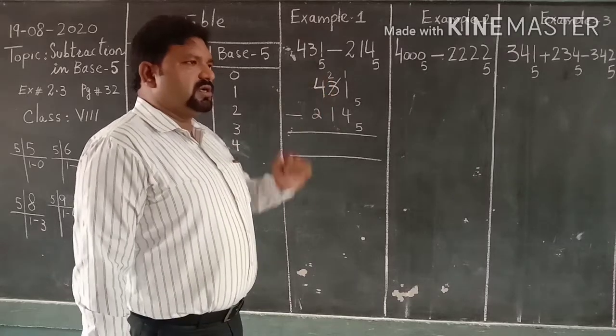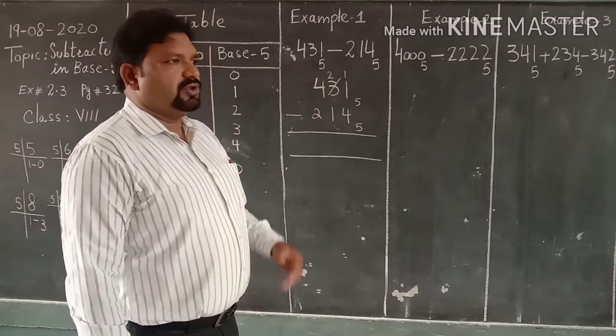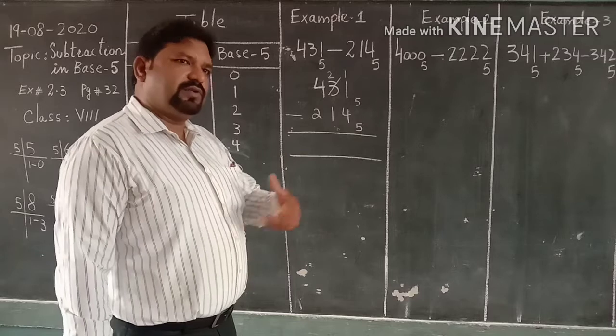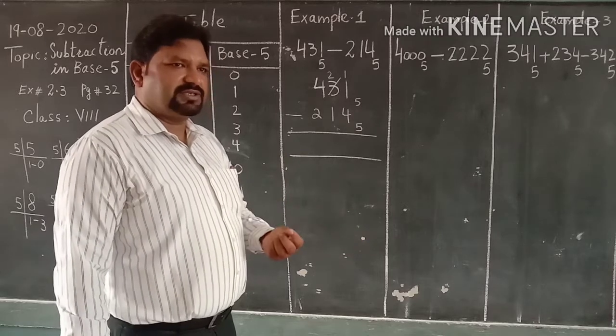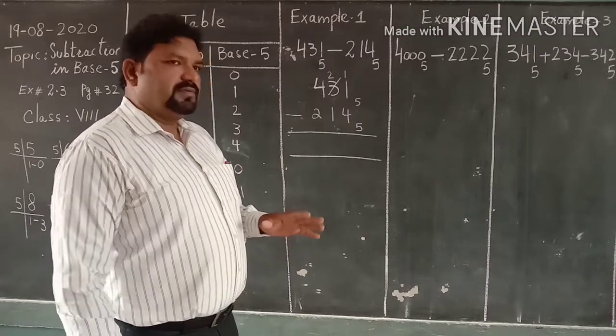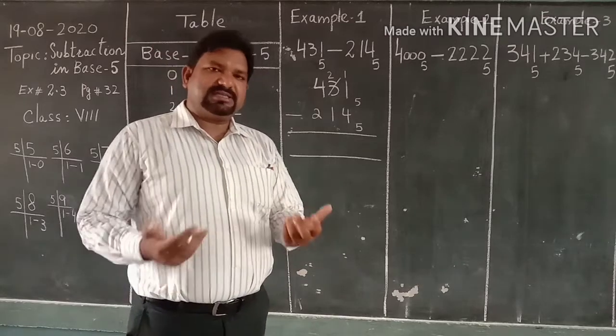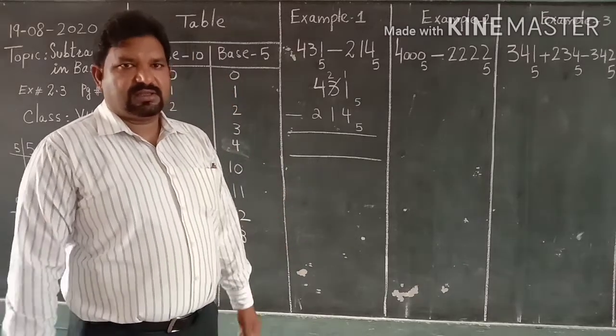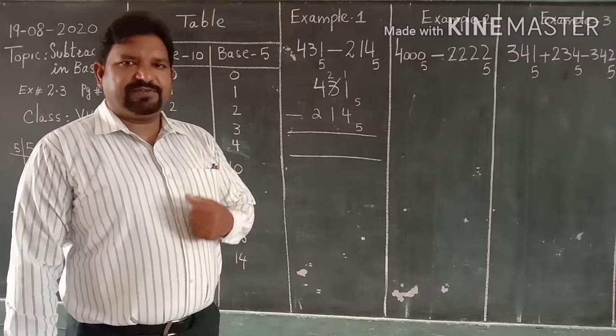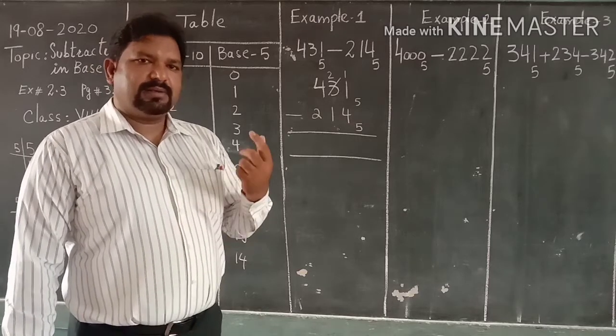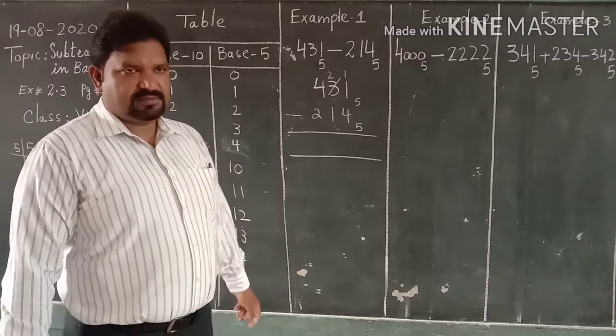Students, you have been adding and subtracting since class KG1, KG2. Which number system are you using? Actually, in our daily life, we are using the base 10 number system.